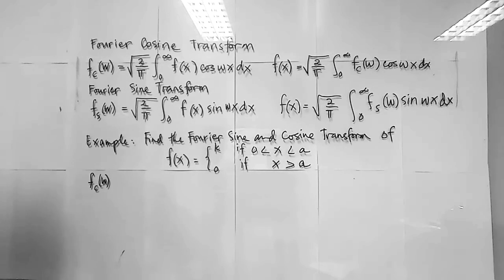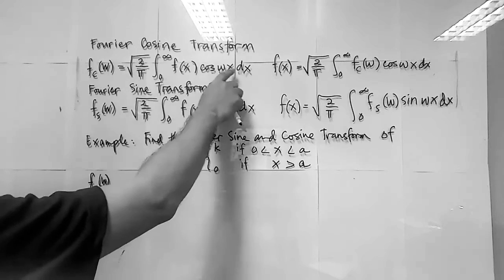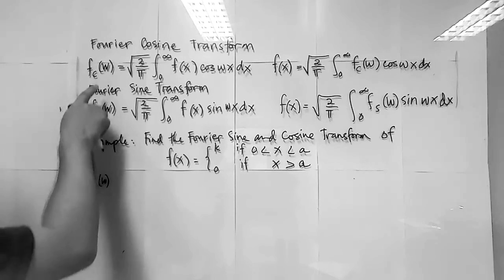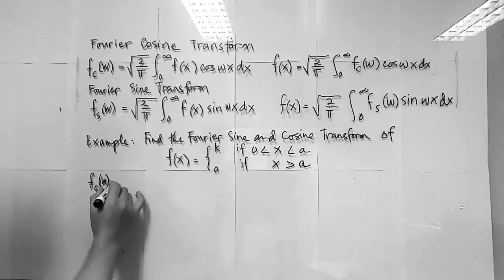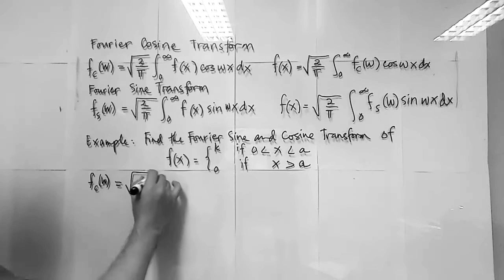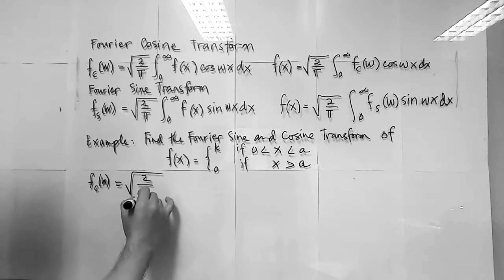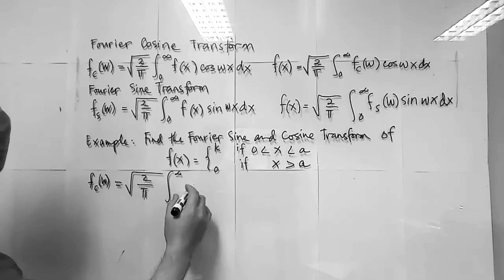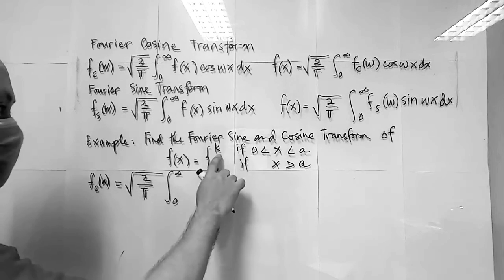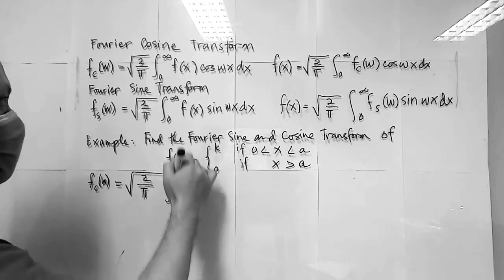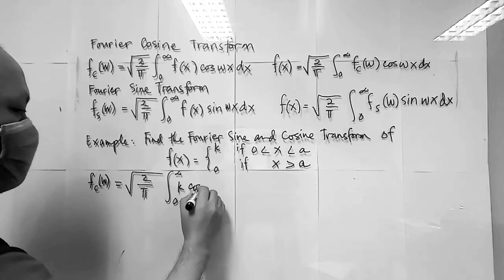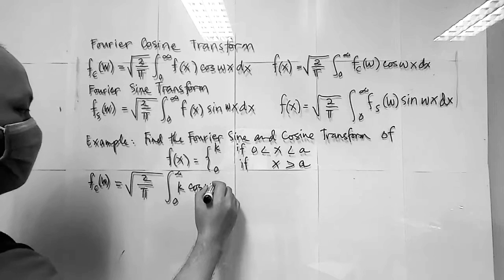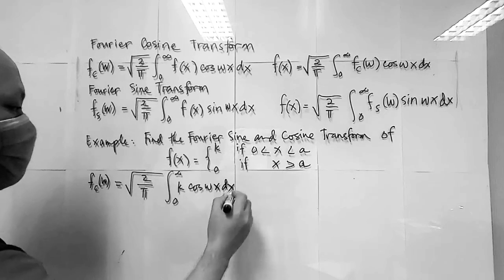Now, to solve the cosine transform, we will just follow this formula. So f of w sub c is equivalent to the square root of 2 over pi integral from 0 to infinity, our limits, and then our f of x, we have k, multiplied by cosine of wx dx.